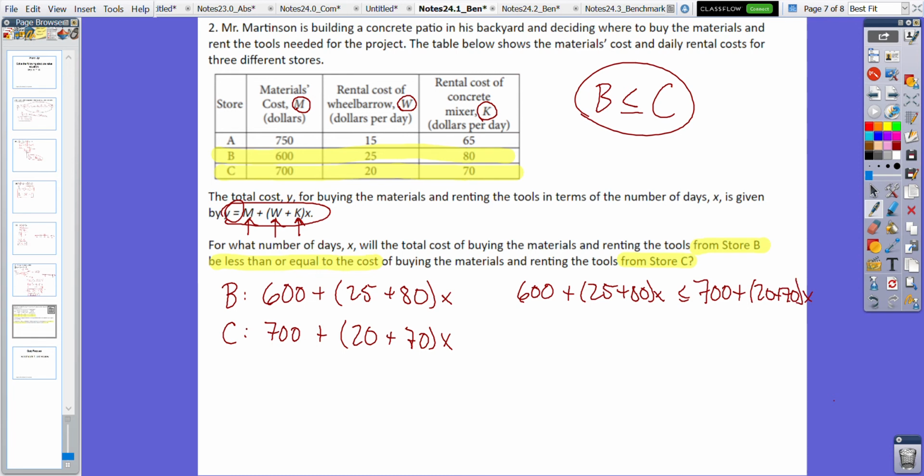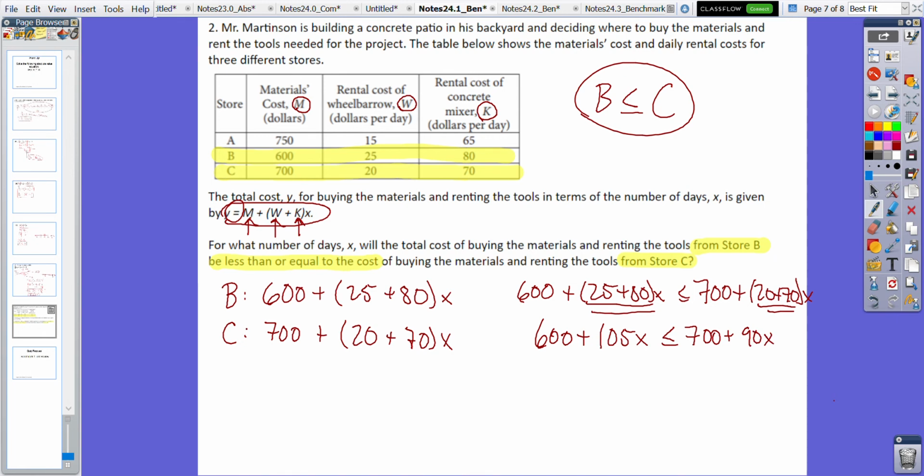Let's go ahead and condense these parentheses down. It'll make it a little bit easier to look at. So 600 plus 25 plus 80 is 105 times X, less than or equal to 700 plus 20 plus 70 is 90X. This looks a little bit easier to handle.